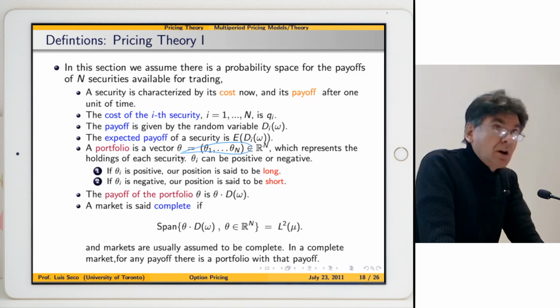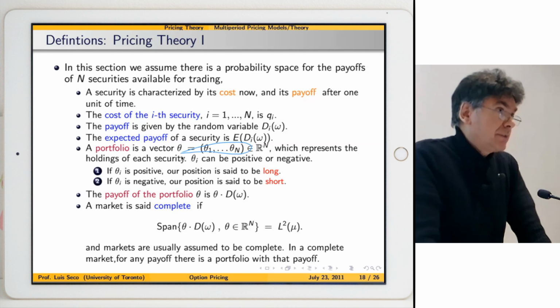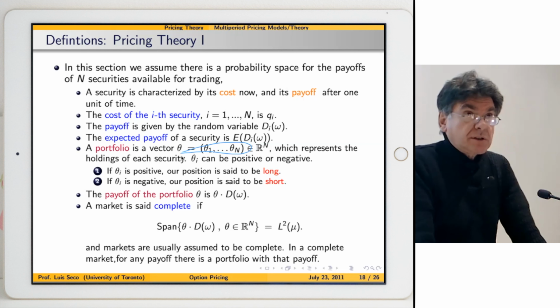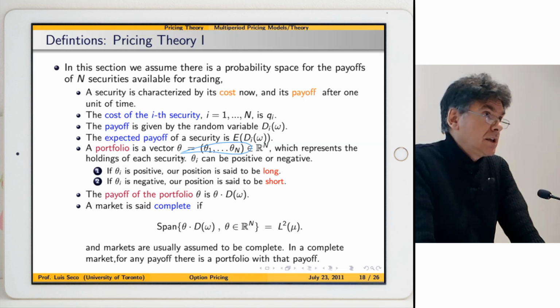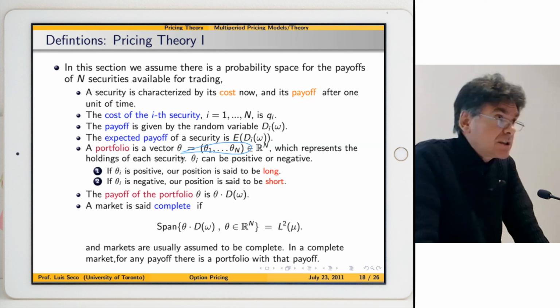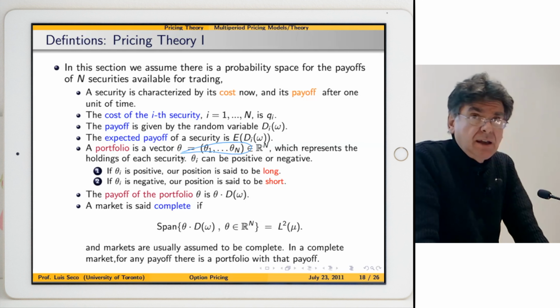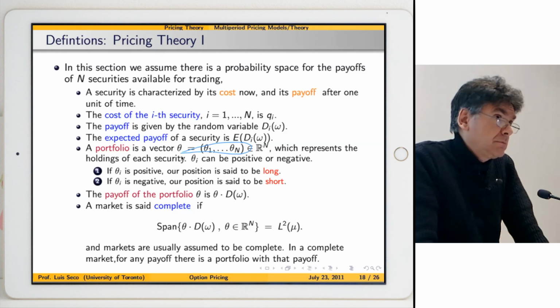A portfolio has a payoff, which is the product of the vector times the payoff matrix in this sequence, I think. And the result is a random variable. A random variable for us, because we're in finite dimensions, is just a vector.